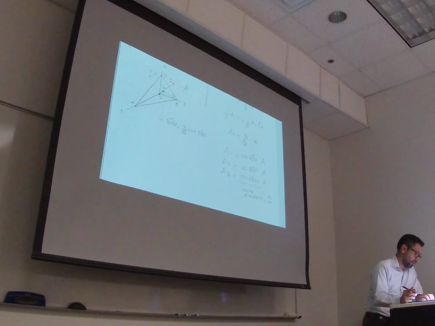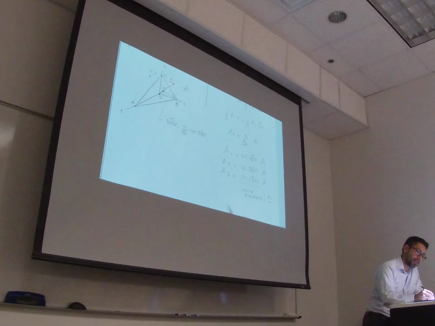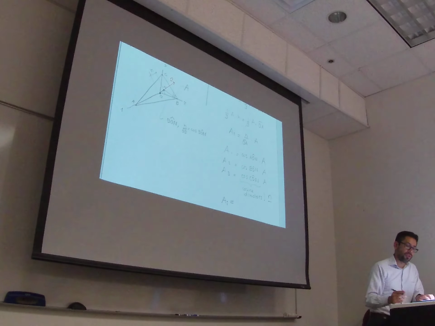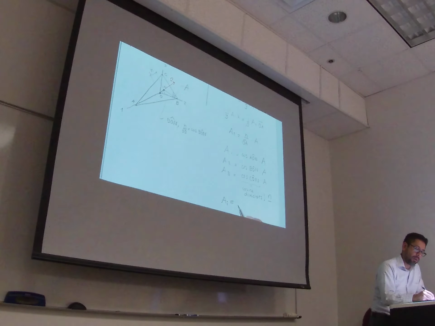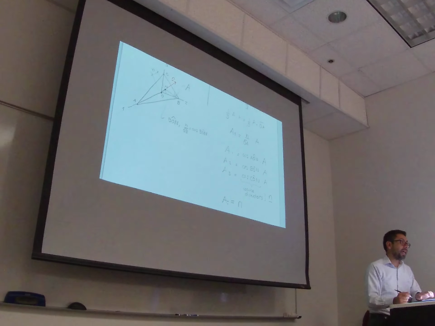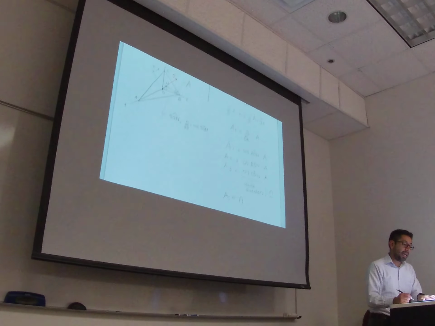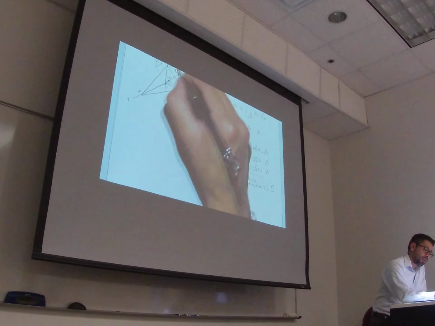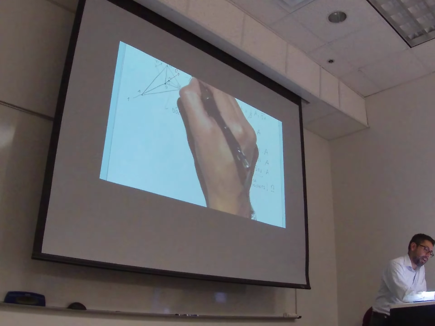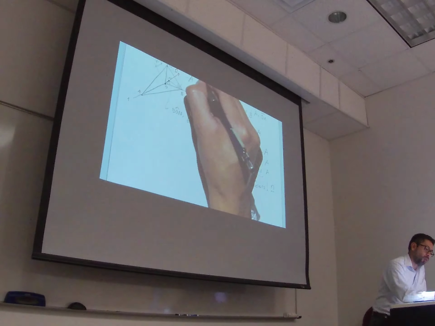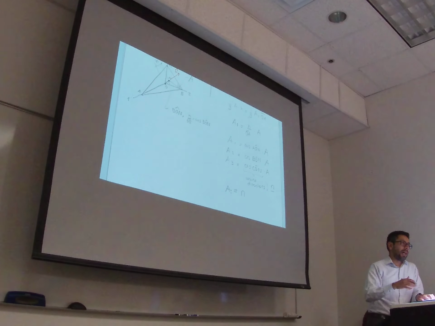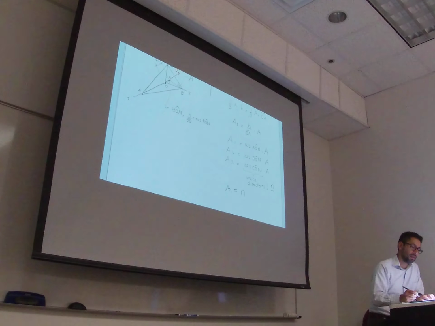And in general, I can say that each of these A's, 1, 2, or 3, is going to be equal to the component of the vector n, because the magnitude of n is going to be equal to 1. So directly the component of each of those is just the cosine of that.